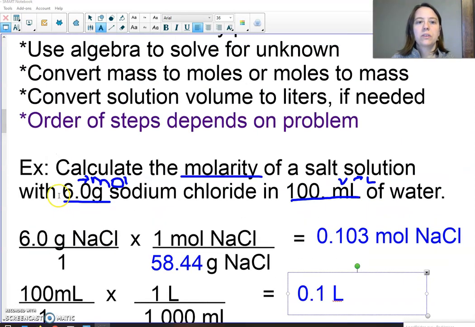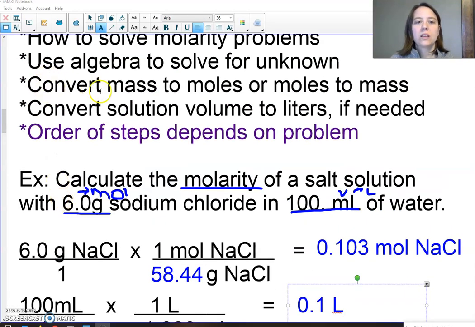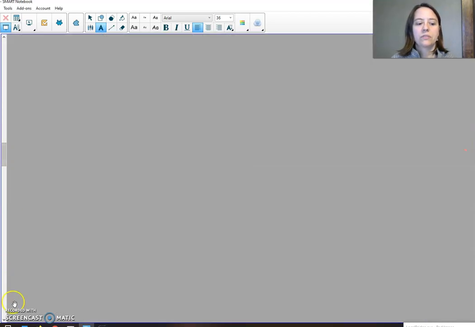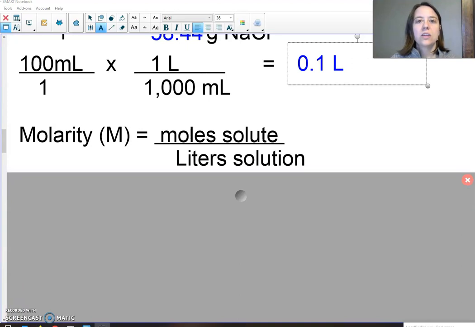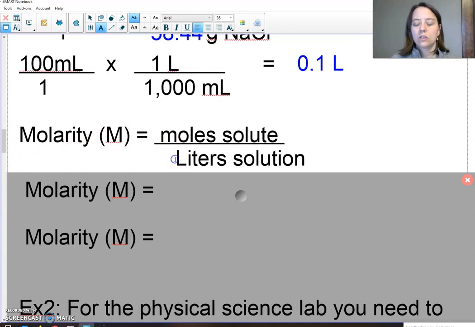So coming up here, we converted mass to moles, we calculated the volume in liters, and now it's time to set up the problem and use algebra. So we write down the equation, molarity in molar equals moles of solute over liters of solution.